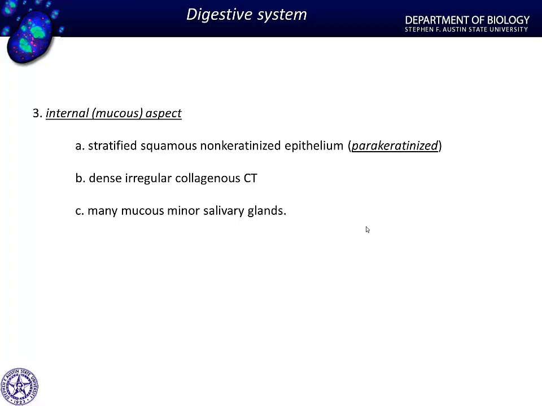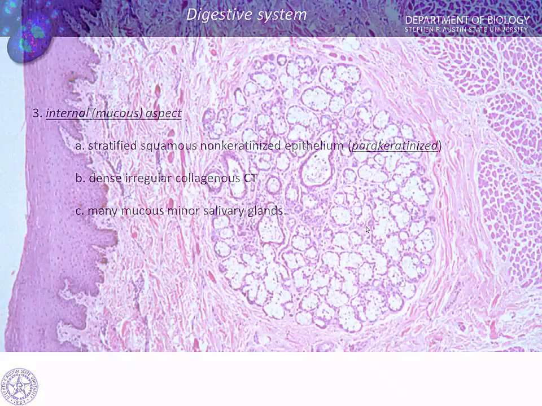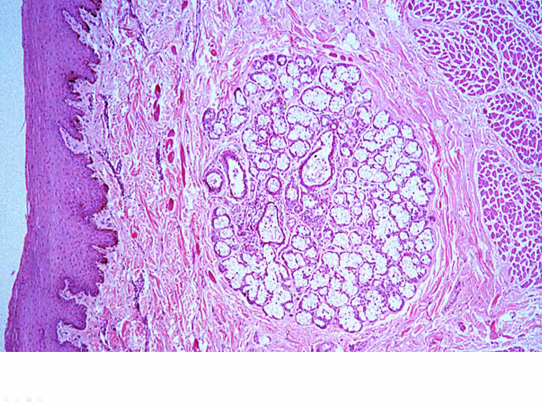But we can get a hint, because when you look down in the dermal layer, we're going to see minor salivary glands, and many of these are going to be mucus type salivary glands in nature. And so once again, as we look at our perikeratinized epithelium, stratified squamous, we've gotten that since the very beginning of the semester. Here we have skeletal muscle, orbicularis oris, and here we have an accumulation of mucus glands.